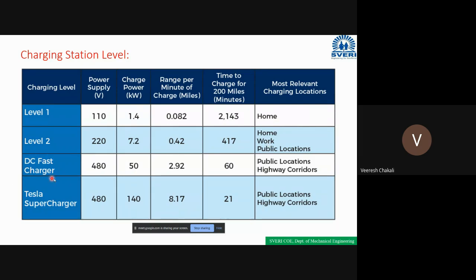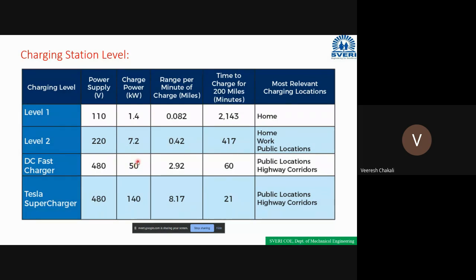Next, the DC fast charger. This is the level 3 DC fast charger. The voltage level of this level 3 charger is 480 volts, clear?